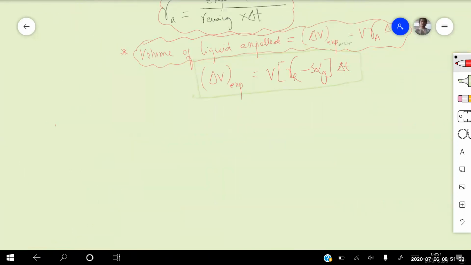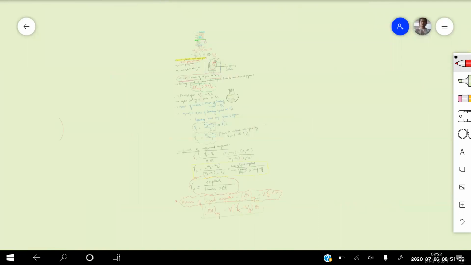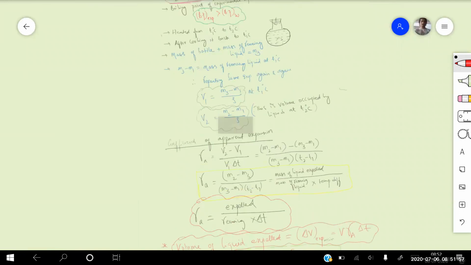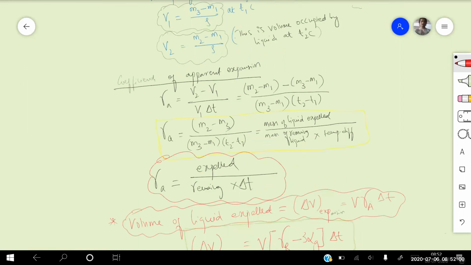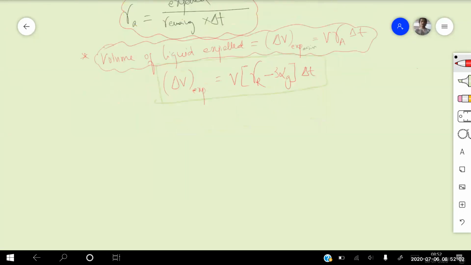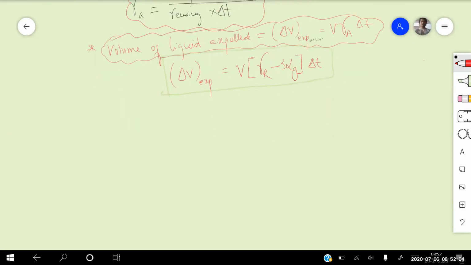So this is your question right now. Take one small question. A specific gravity bottle heated to 100 degrees centigrade.